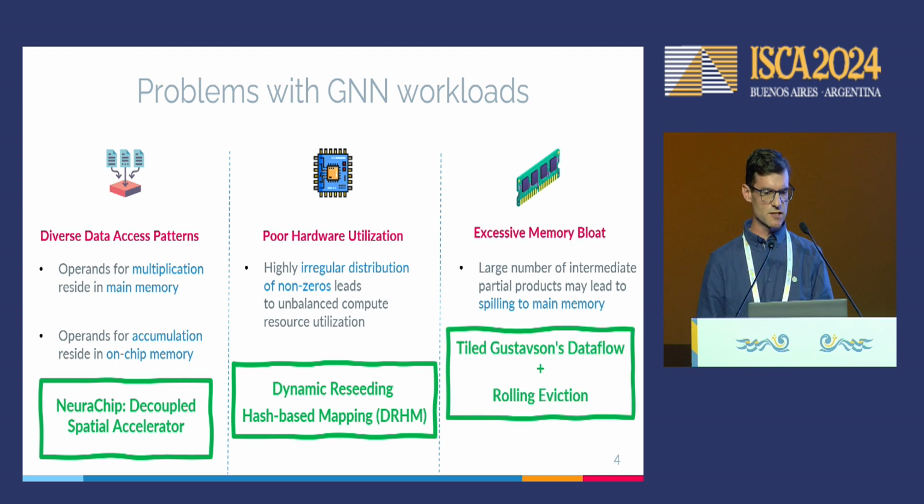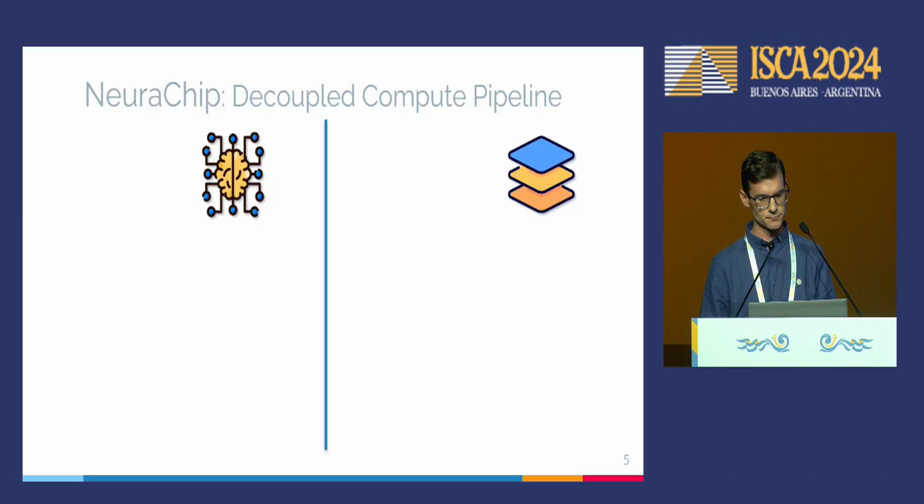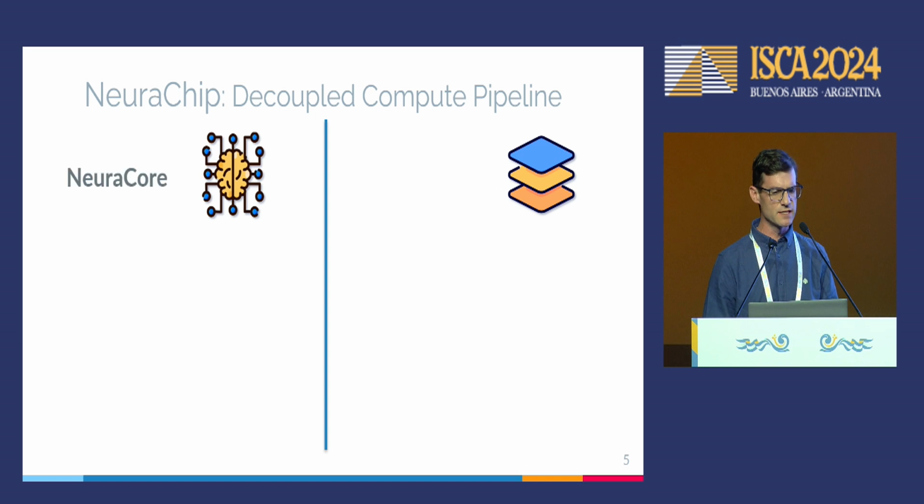To address the excessive memory bloating problem, we use the Gustavson data flow, which is very good at it, and we have proposed a tiled version of it that maximizes data reuse. And in order to avoid cache pollution and memory spilling, we have proposed a rolling eviction strategy.